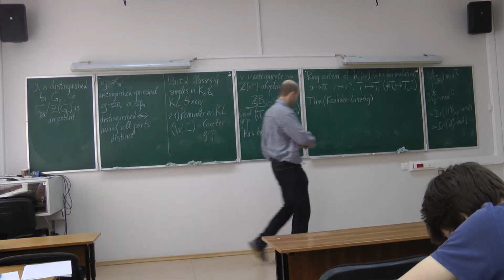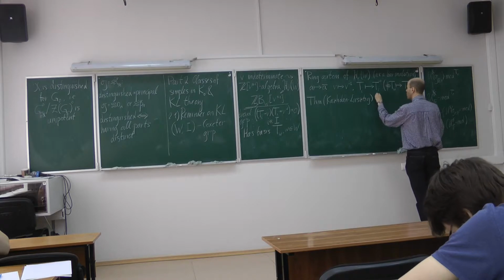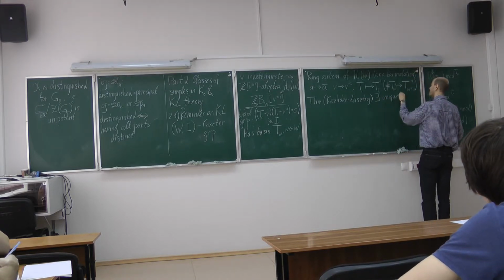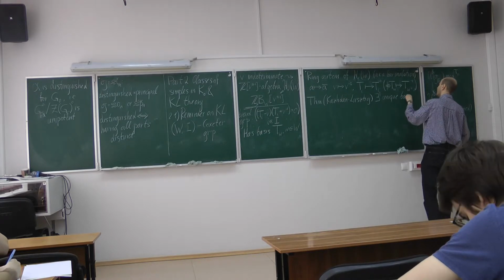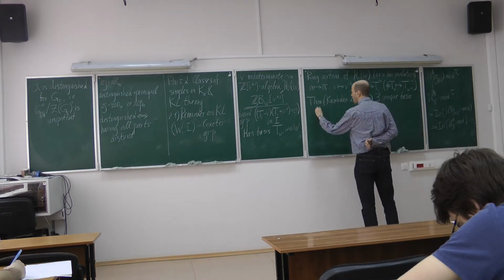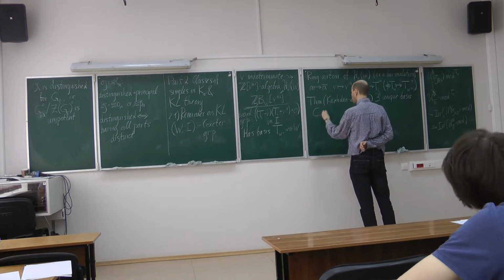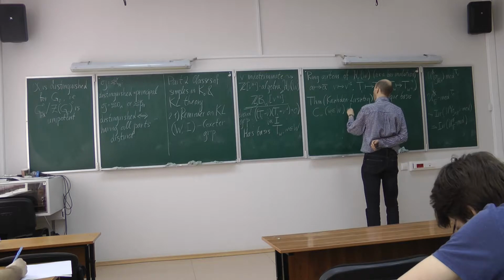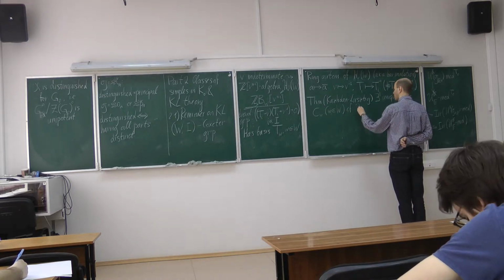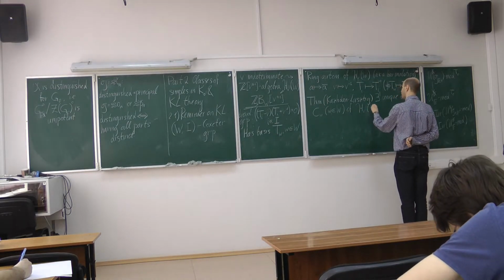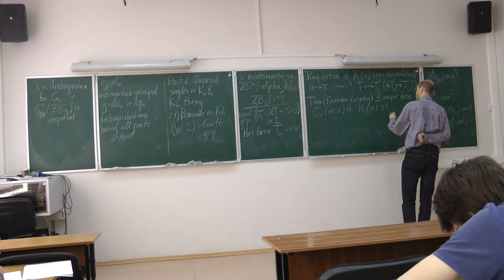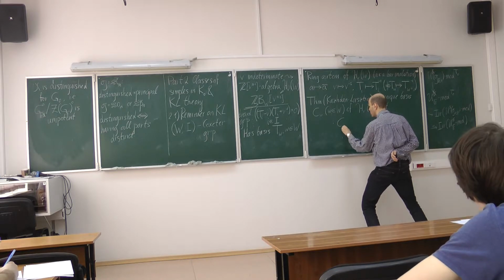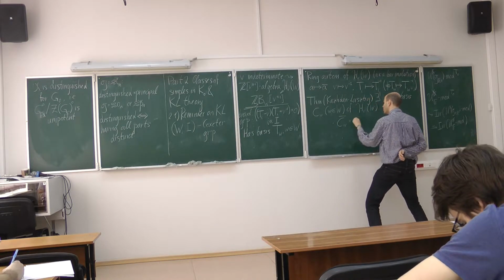And then there is the following result of Kazhdan-Lusztig. That there is a unique basis, again indexed by elements of W. Let me call it C sub W of the Hecke algebra, such that, first of all, each CW is invariant under the bar involution.